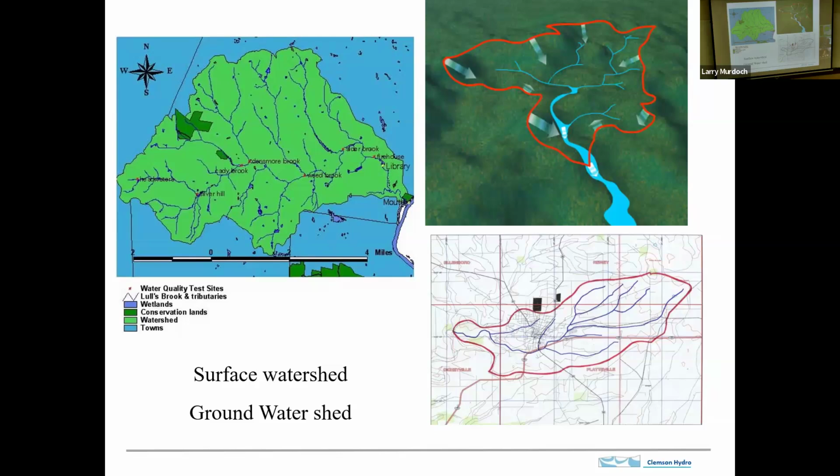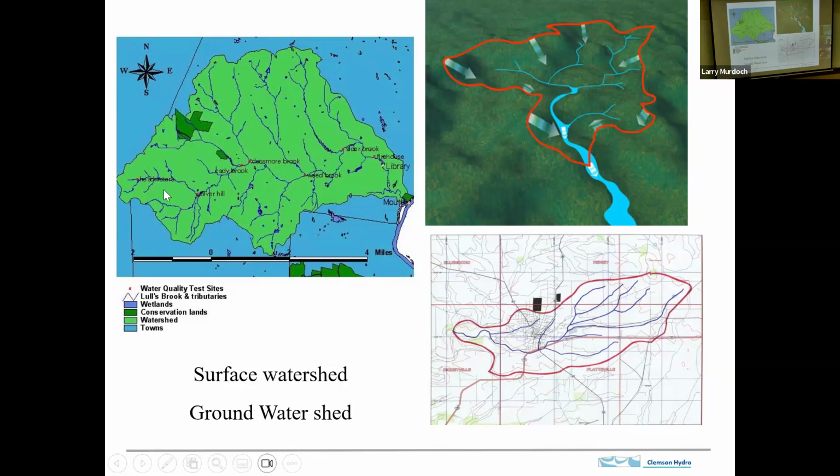So one of the organizing concepts in hydrology in general and in groundwater is a watershed. What's shown here is a surface watershed. These are streams here, and the boundary of a watershed for surface water is typically going to be the topographic divide.